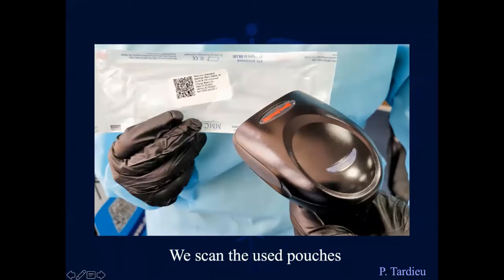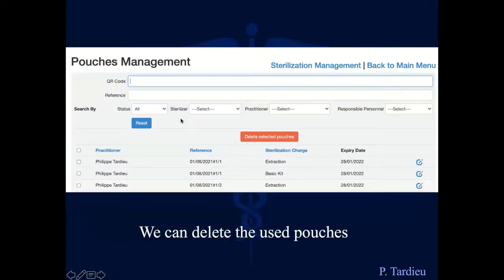We scan the QR code, and scanning the QR code, we find where and which pouches we are working on. So we have the QR code. And when we have a list of pouches, we can delete the selected pouches. So this means that we will not find them again. When a pouch is used, we can delete them.